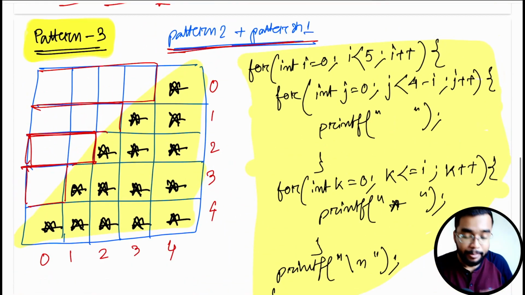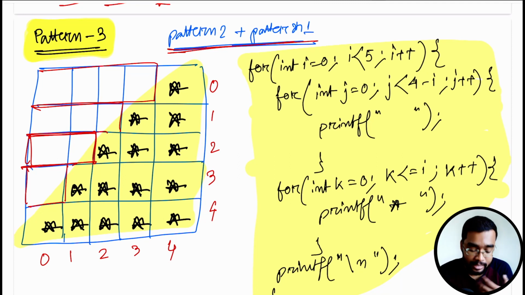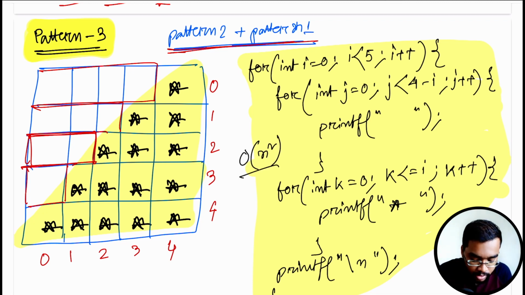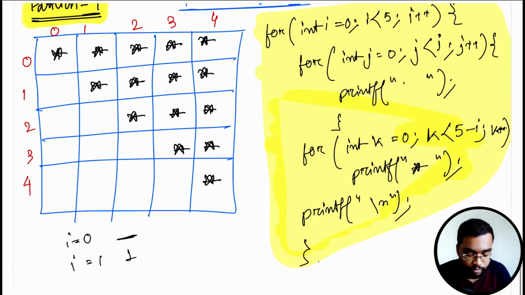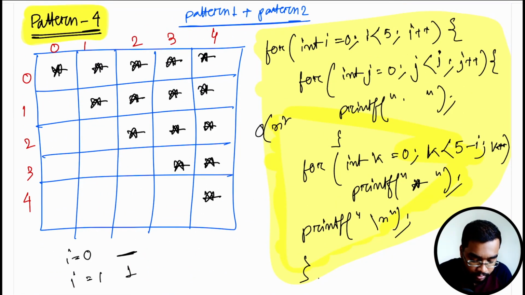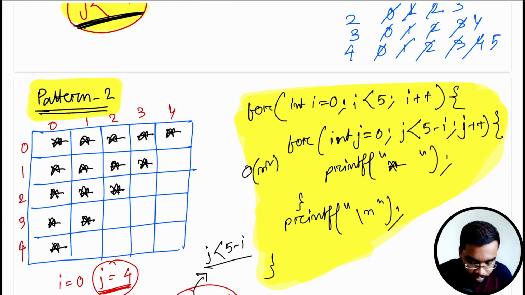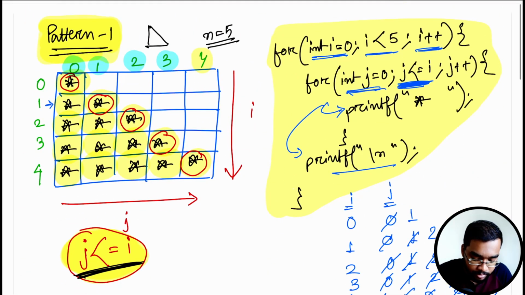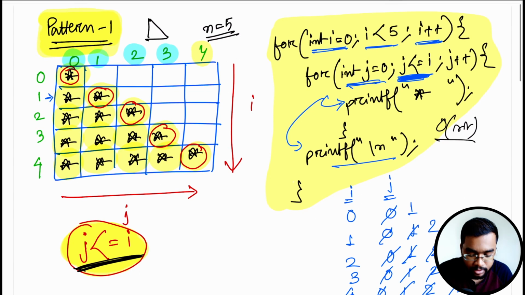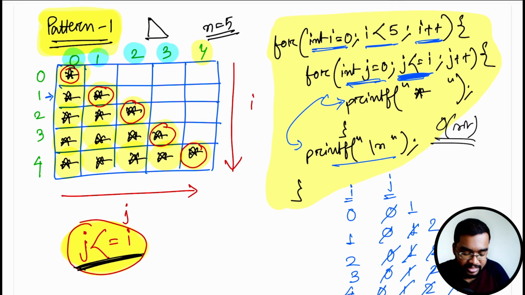So in pattern 3 and pattern 4, some extra space is coming up, and the time complexity would be O of n square. If you don't know what time complexity is, we will be talking about it in the algorithm video. How it is, it's none of your business right now. It just came up, I'm just telling you.